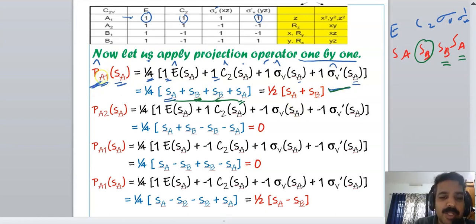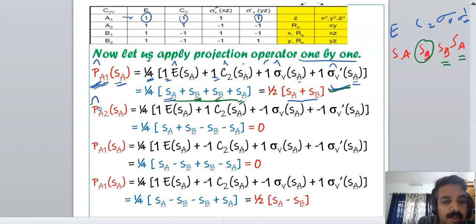That is, if projection operator A1 acting on the function SA gives a combination SA plus SB, that means the linear combination SA plus SB has a symmetry of A1, because a projection operator projects only that part of the function or their combination having the same symmetry. Therefore, SA plus SB has a symmetry of A1.